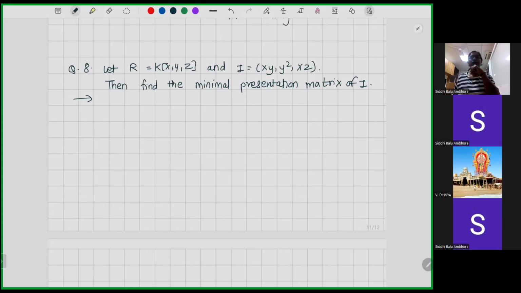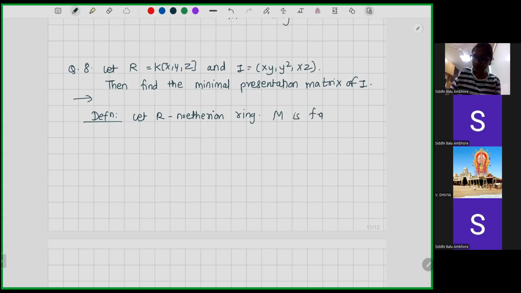If you remember, we already studied the minimal presentation matrix in previous lectures, a few weeks back. In fact, in the first few lectures we did that. If you remember how it was defined, if R is a Noetherian ring, I don't remember whether Noetherianness of the ring was needed or not, I think yes.